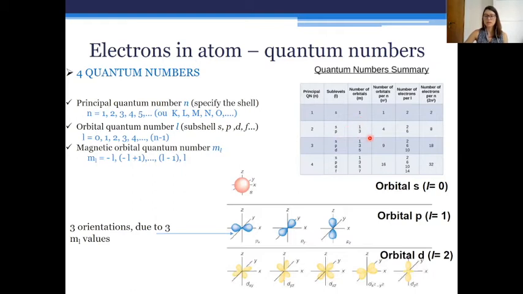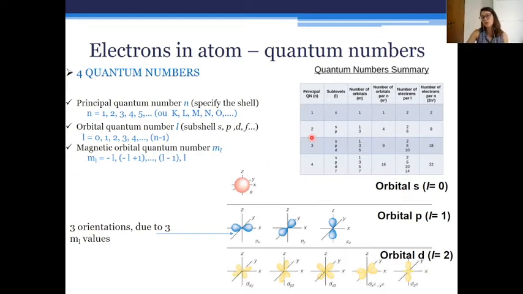For p, we have 3 orientations for this orbital, for d we have 5, and for f, 7. So the number of orbitals in each shell can be calculated. For the principal quantum number 1, we have only 1 orbital, and in this orbital we will find 2 electrons that have different spins, okay? 1 up, 1 down, so 2 electrons.